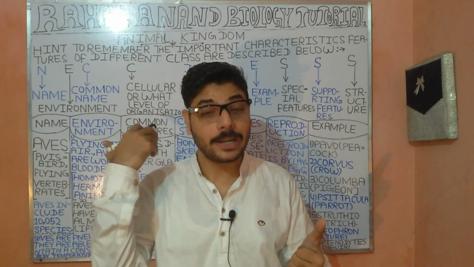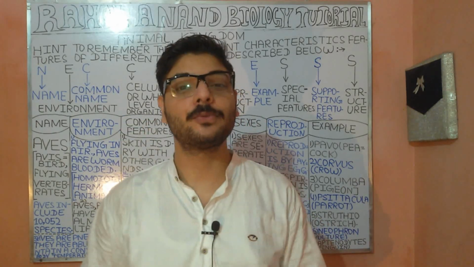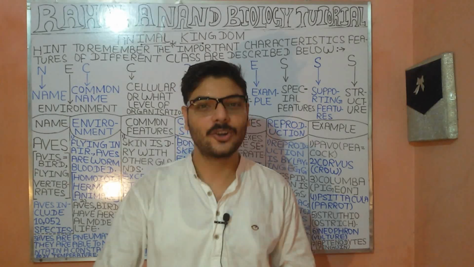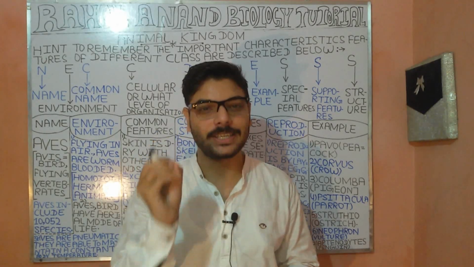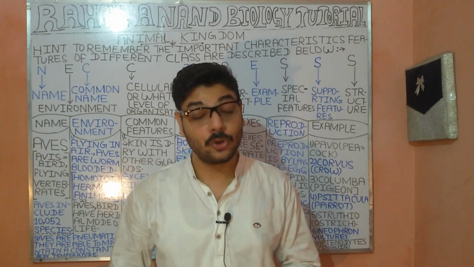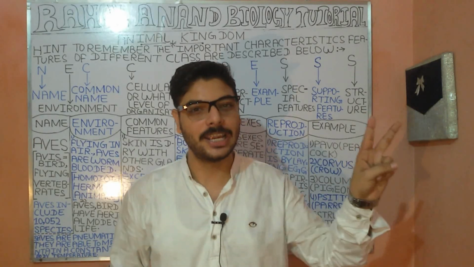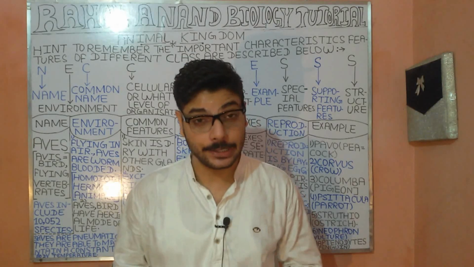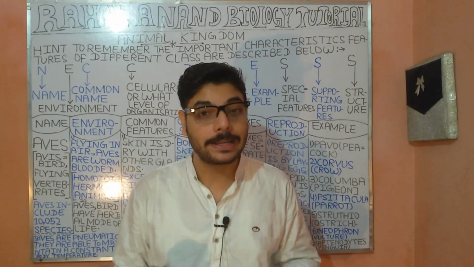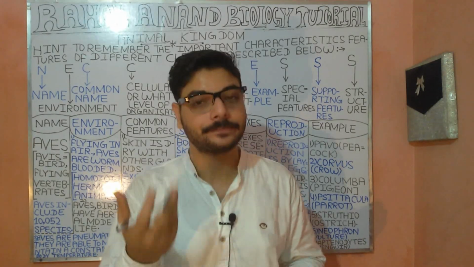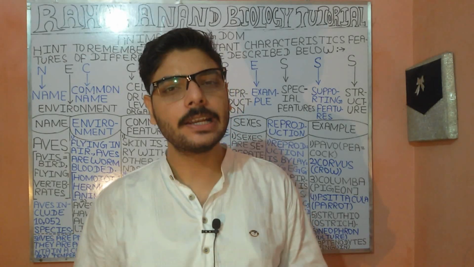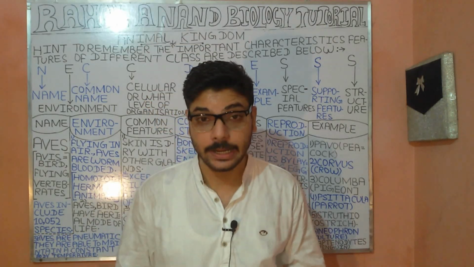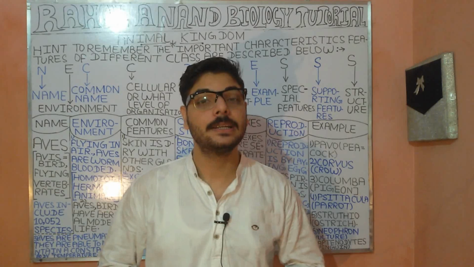Now here we have the case of the common features. When we talk about the Aves, the skin of the Aves is dry. Understood? The skin is dry, and they do not have any glands, but we do have an exception.